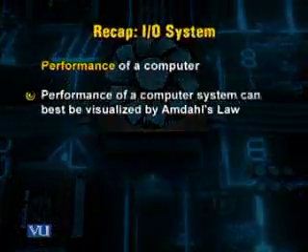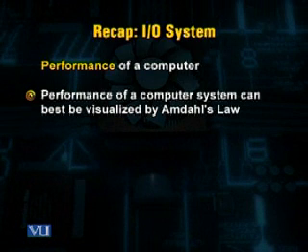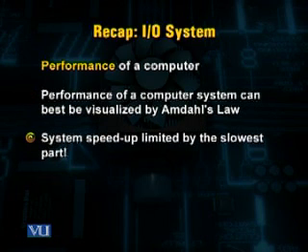We also noticed that the effect of neglecting the IOs on the overall performance of a computing system can best be visualized by using Amdahl's law. As you know, Amdahl's law identifies that the system speedup is limited by the slowest component of the system.